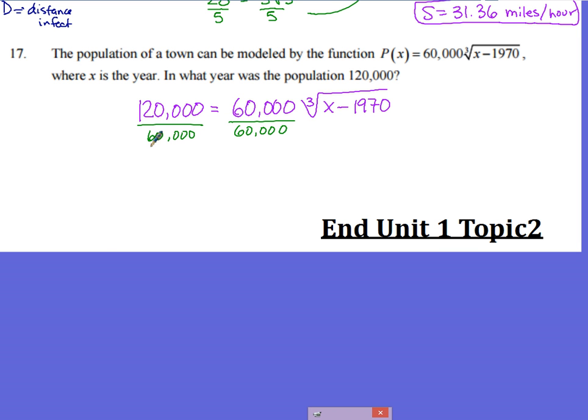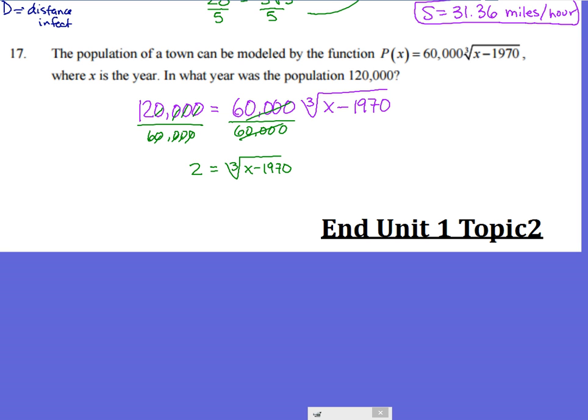When we divide there, we get 2, because 1,000 divided by 1,000 cancels, and 12 divided by 6 is 2, equals the cube root of x minus 1970.